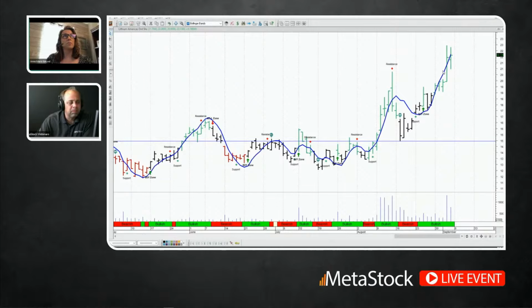But anytime the market gets, I want to use the word rickety, when it gets jumpy and starts rolling over, they're going to run to their best performers, and because they've got to make margin, they're going to start selling them off. So the next nice place for lithium, to me, is somewhere around $18.50, $19.